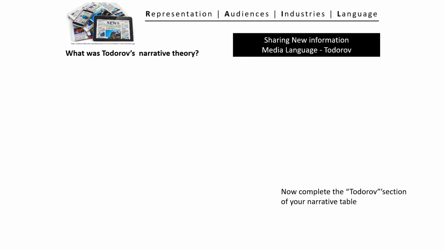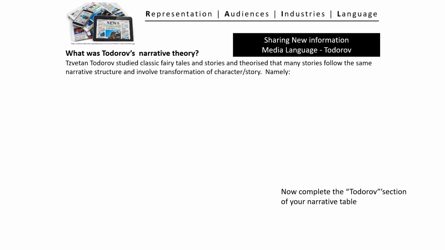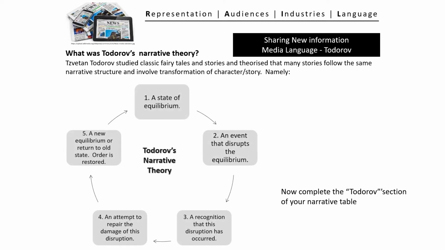Another of the narrative theories we looked at was Todorov's narrative theory. Now you'll recall that Todorov was the guy that studied how stories are structured and how a story is told. And there are five parts to Todorov's theory. It starts off in a state of equilibrium, where things are okay.